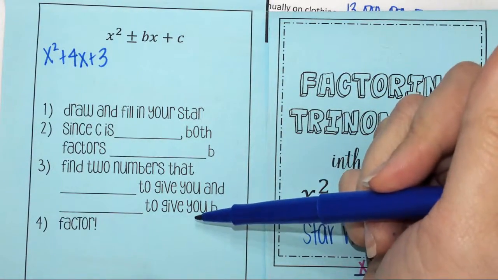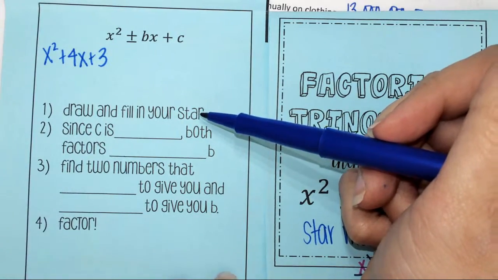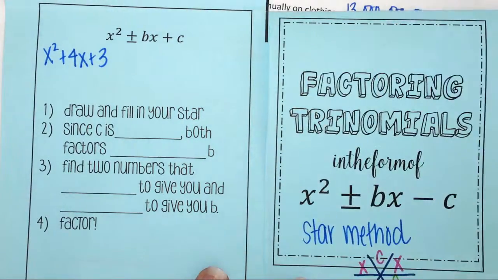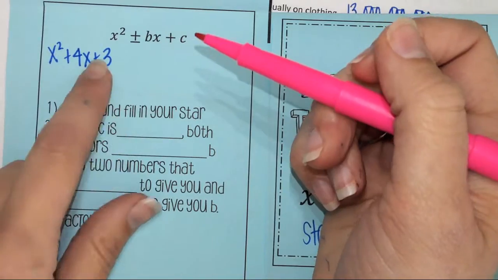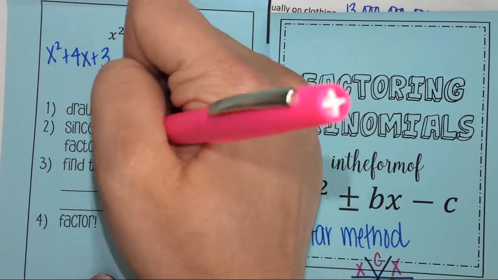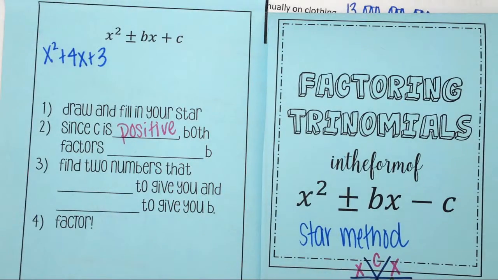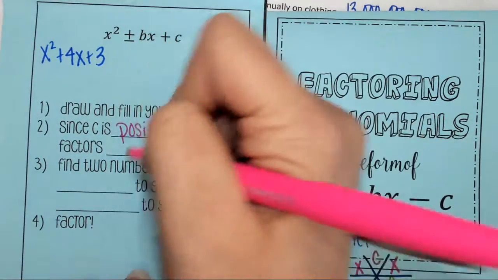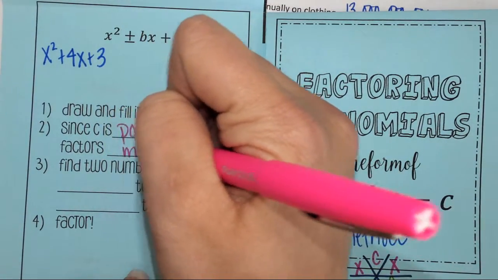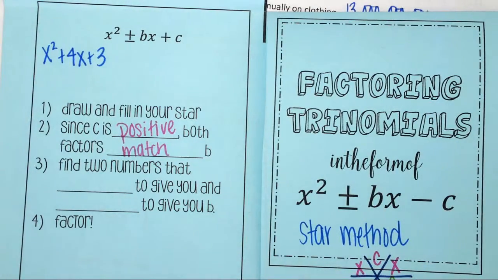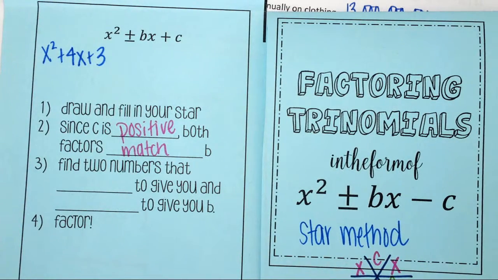So you're going to follow these steps every time. The first thing you do is draw and fill in your star using the pattern on the front. Then, since C is positive, both factors, when we find our two numbers, match B. So if B is positive, our two numbers will be positive.